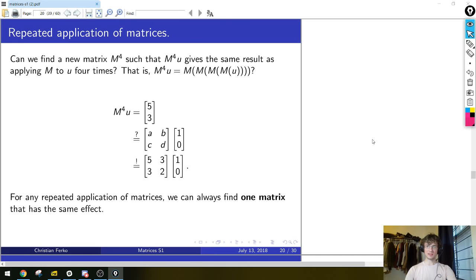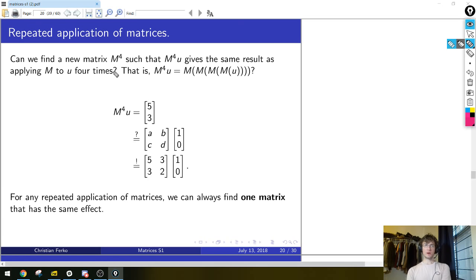Okay. Next thing. In the last slide we saw that you could repeatedly apply a matrix M to a vector u over and over. So M times u, M times M times u, and 3 times and 4 times and so forth.